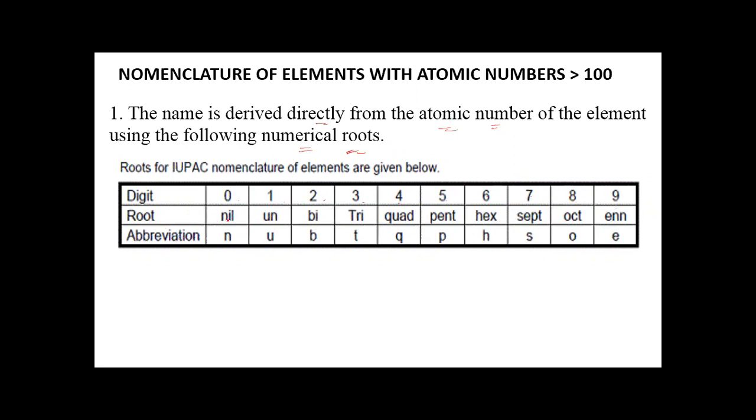The numeral roots are: 0, nil; 1, un; 2, bi; 3, tri; 4, quad; 5, pent; 6, hex; 7, sept; 8, oct; 9, enn. These are the abbreviations: N for nil, U for un, B for bi, T for tri, Q for quad, P for pent, H for hex, S for sept, O for oct, and E for enn.